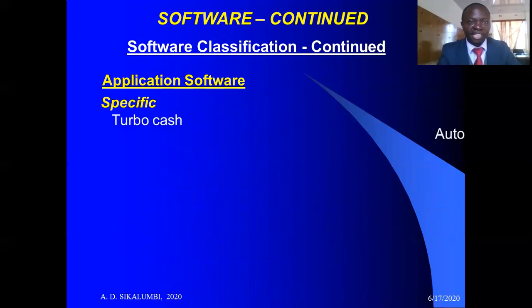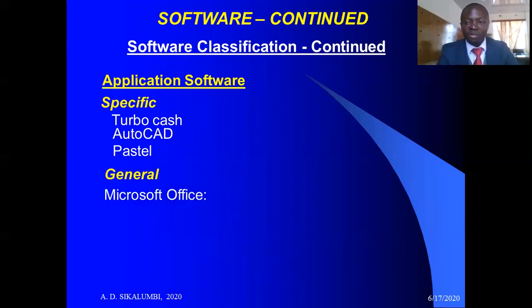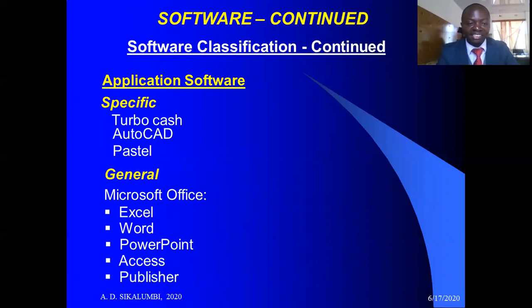So we've got TurboCAD, we've got AutoCAD, Pastel. Then the general ones that we all know, we've got Microsoft Office with the frame packages: Excel, Word, PowerPoint, as well as Access, then also Publisher. Excel, we use it when you are doing some computations, some calculations.